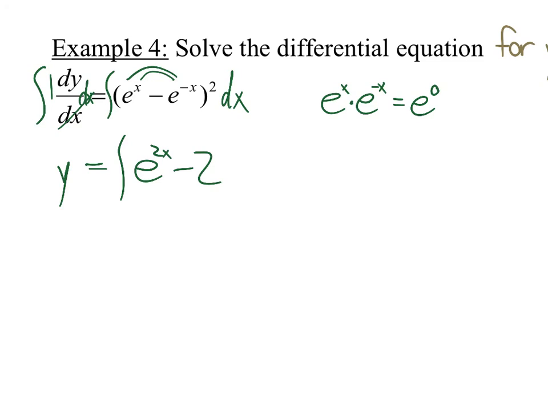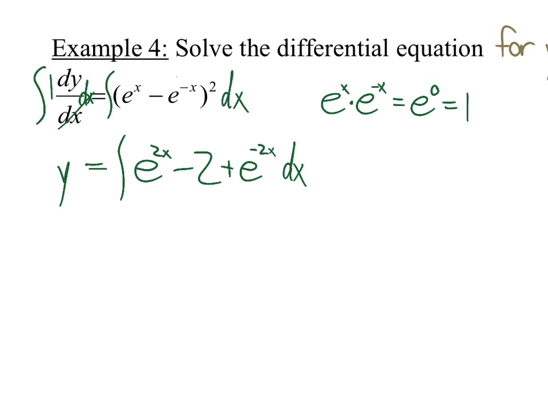Oh, I see. That's 1. So you have to do your outers and your inners. So 1 plus 1. Then we have e to the x, e to the negative x times e to the negative x is e to the negative 2x.